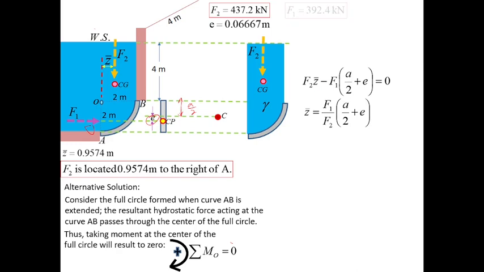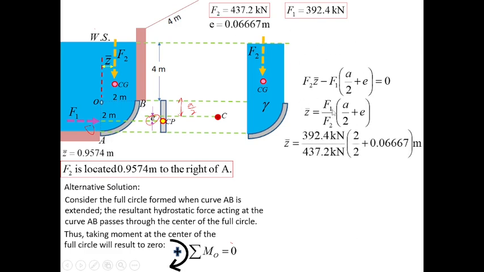Alright, then we have, so ito yung mga nakuha nating sagot in the previous slides, no? So we have now F1, 392.4 kilonewtons over F2, 437.2 kilonewtons, multiplied by A which is 2 meters over 2, so this is 1 meter, plus E, 0.0667 meter.